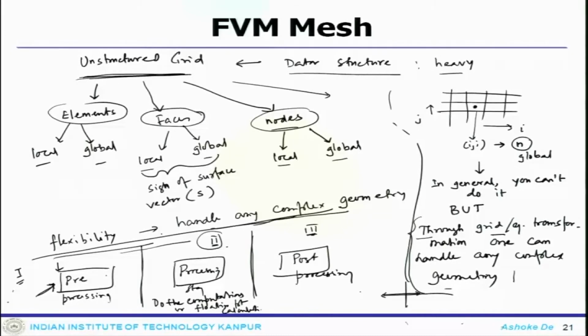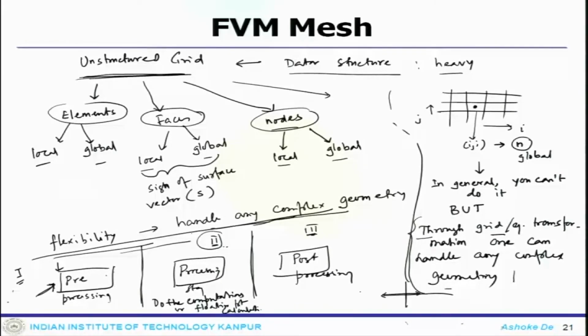And once you have given those set of instructions, the computer will do the work for you. Then essentially it reads all the information from your grid generation stage. That means your element information, indexing, connectivity, and all these things are done at the pre-processing stage, along with proper assignment of the boundary condition.